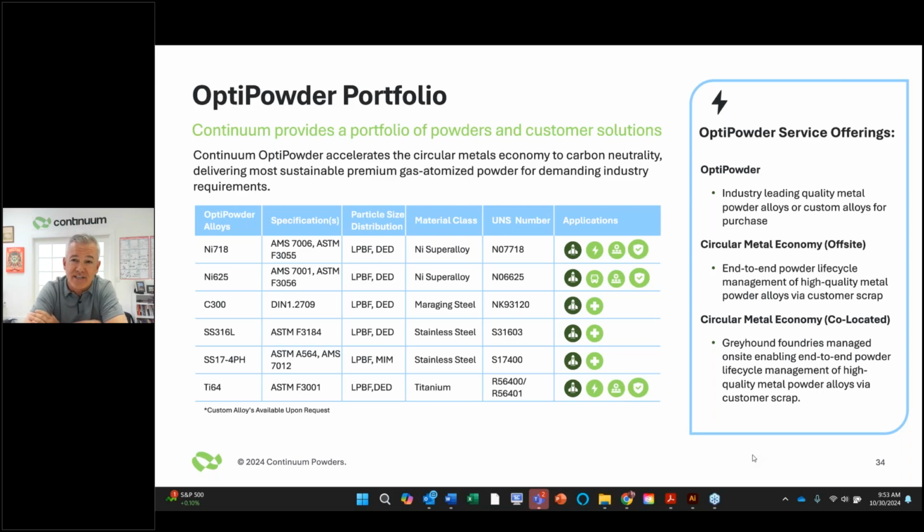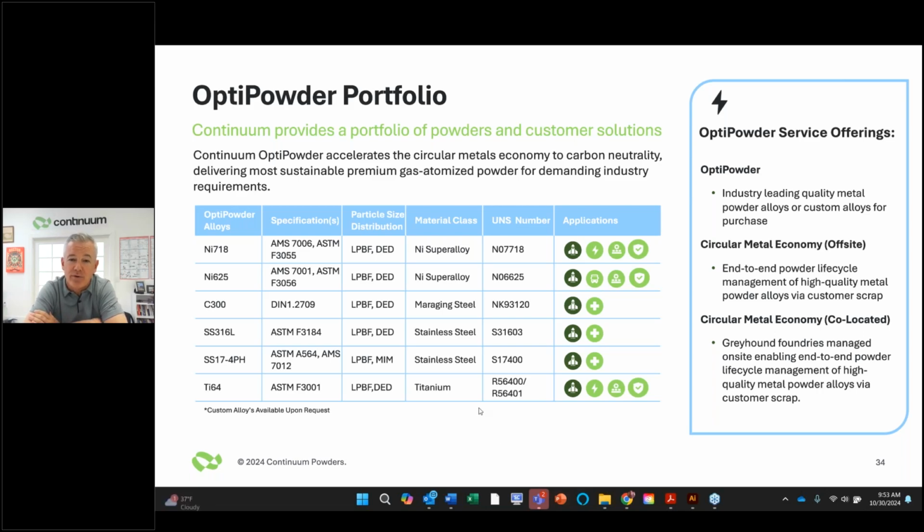Where it gets more exciting, and candidly where we really dig our teeth in, is when we begin more of a circular metal economy approach. What that means is we're working with core partners to take their scrap, make sure that it's the right feedstock, and we often will treat that, obviously having to ship it to one of our facilities.